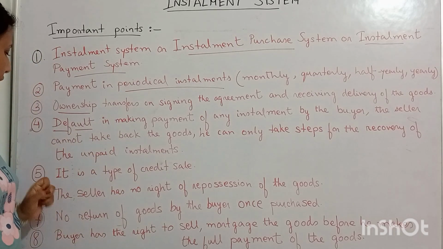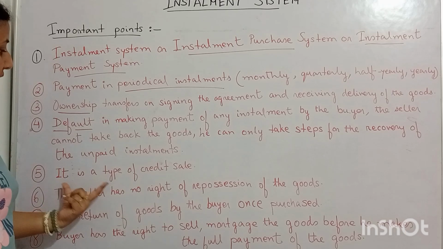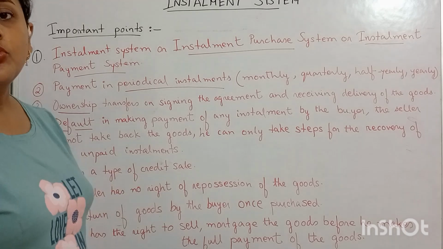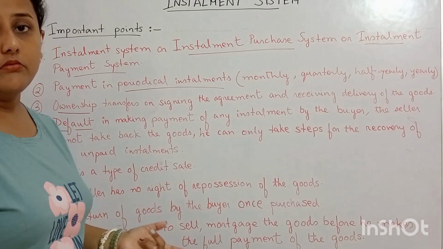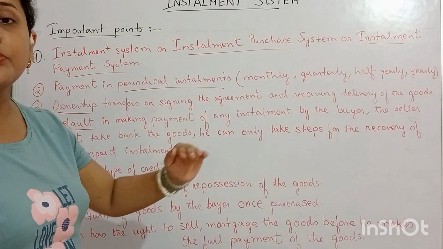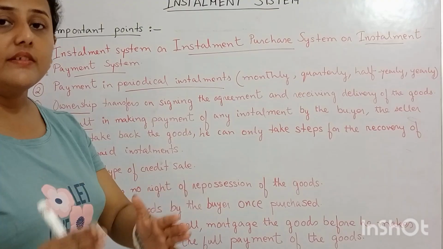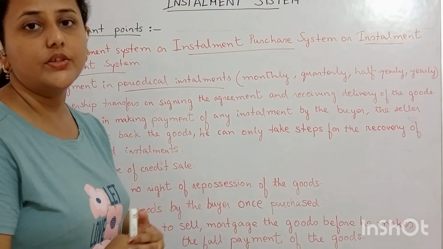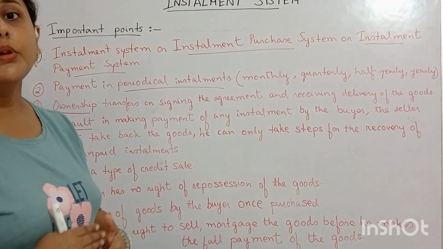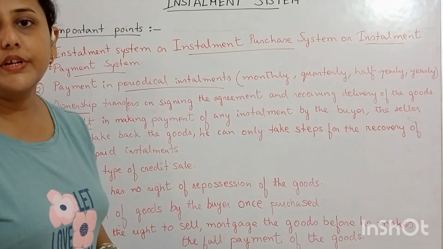Then what is said in point number 5? It is a type of credit sale, where the payment will be made in installments. Like in credit sale also the ownership gets transferred, but the payment will be made at some future date.